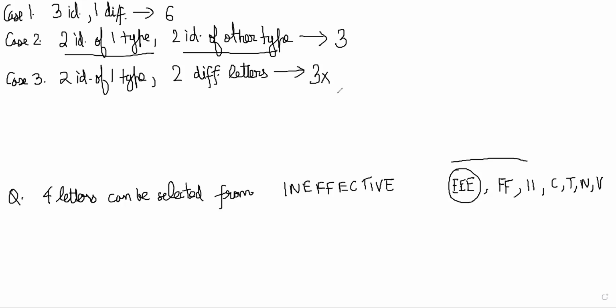Similarly, if we select two F's, then there will be three E's, two I's, one C, one T, one N, and one V. You have to select two different letters, so we cannot take the same letters.